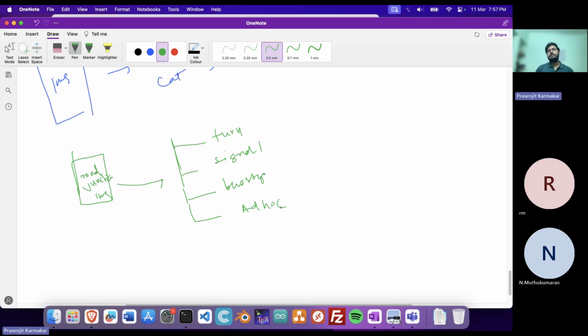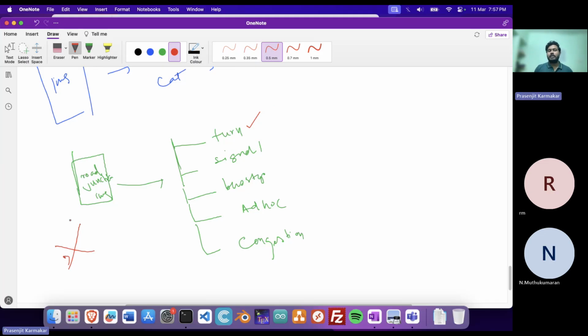Ad hoc means there is a bus stop on people's hand signal, right? They just show their hand and the bus stops. Whether it's an ad hoc stop or whether it's a congestion, right? And see how many possibilities are there. So a particular road junction can represent a turn. Let's say the road junction is like this. So this one represents a turn, right?